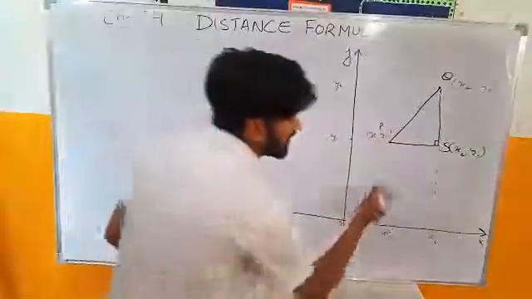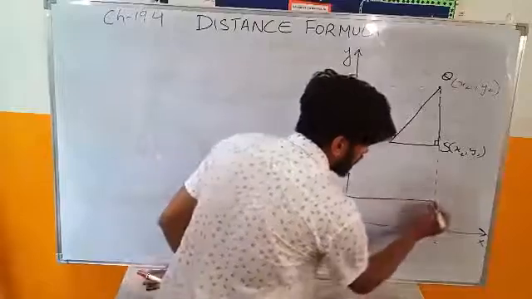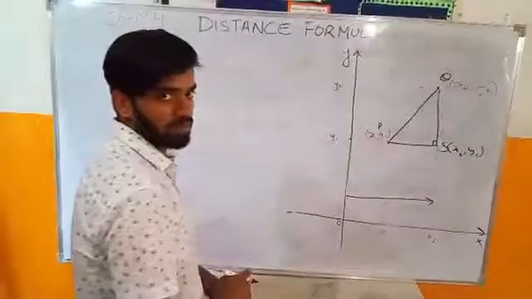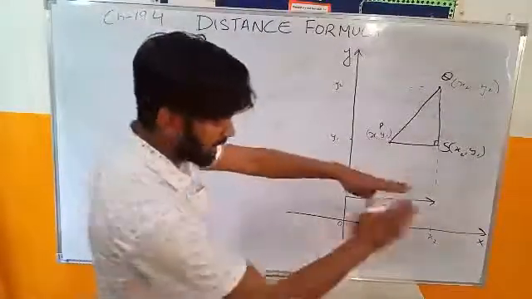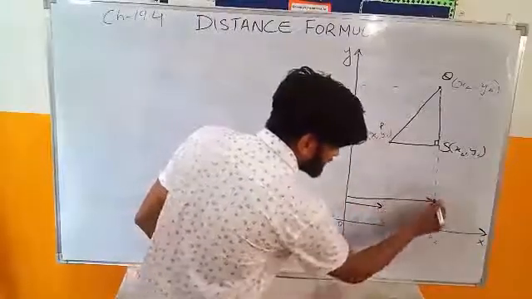So how to figure out the length of P to S? So this whole from here to here, it is x2. ओके पूरा का पूरा कितना है x2, और इतना मुझे पता है x1, तो इतना कितना होगा?